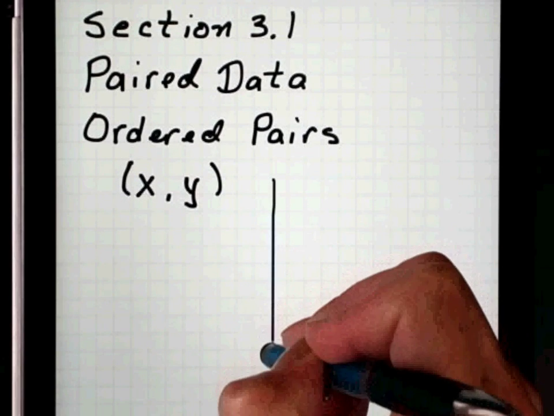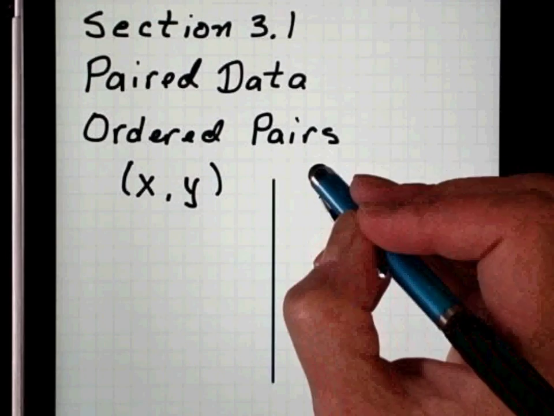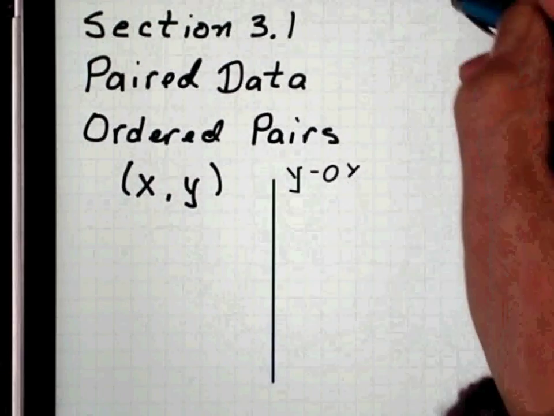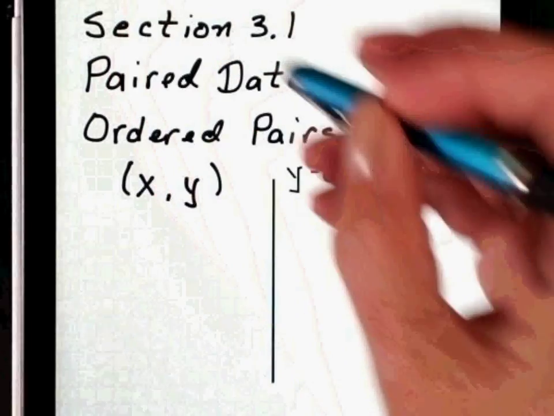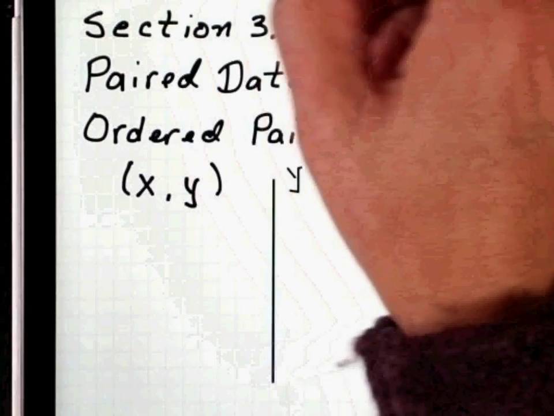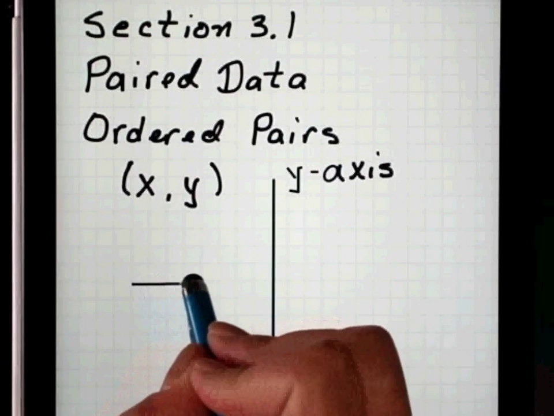Just to refresh our memories, that means we've got two number lines. One is turned on its side, sideways. This is the Y-axis. This will make it easier to read. Y-axis. And the other one is placed as normal.